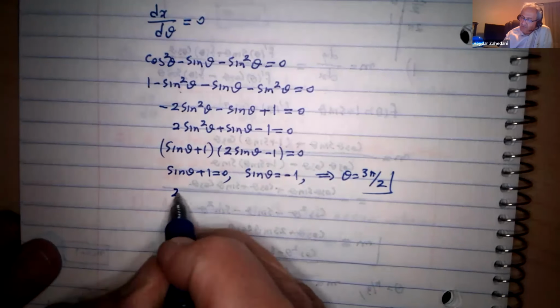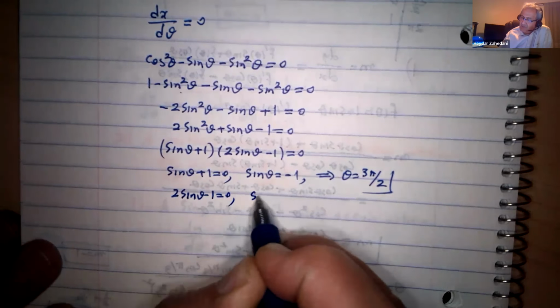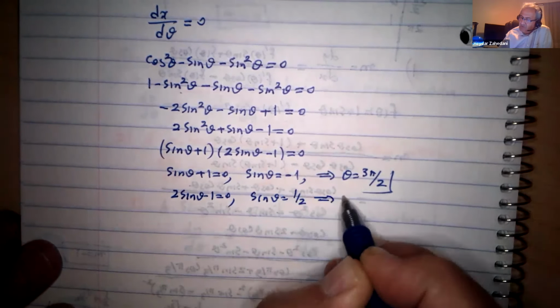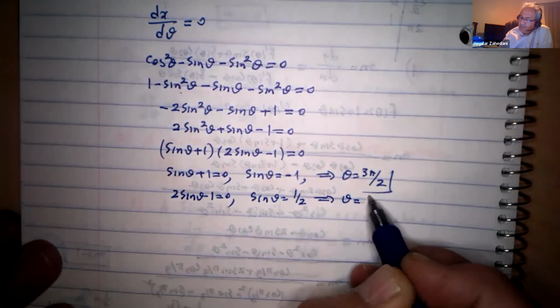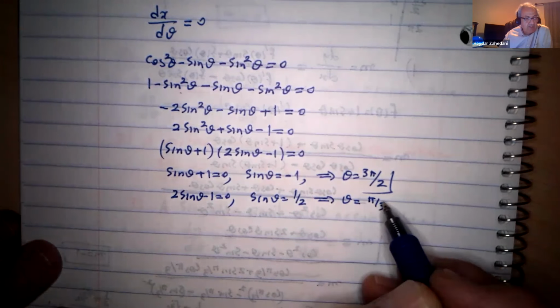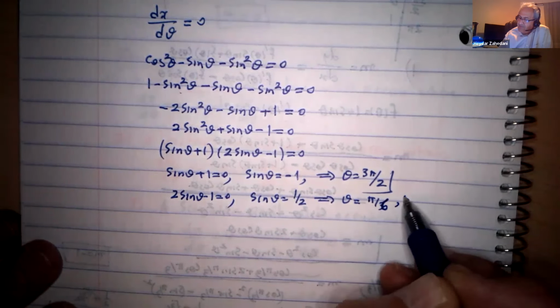And if 2 sin θ − 1 is equal to 0, that gives you the fact that sin θ is 1/2. So the solutions are 30 degrees and 150 degrees, so it's going to be π/6 and 5π/6.